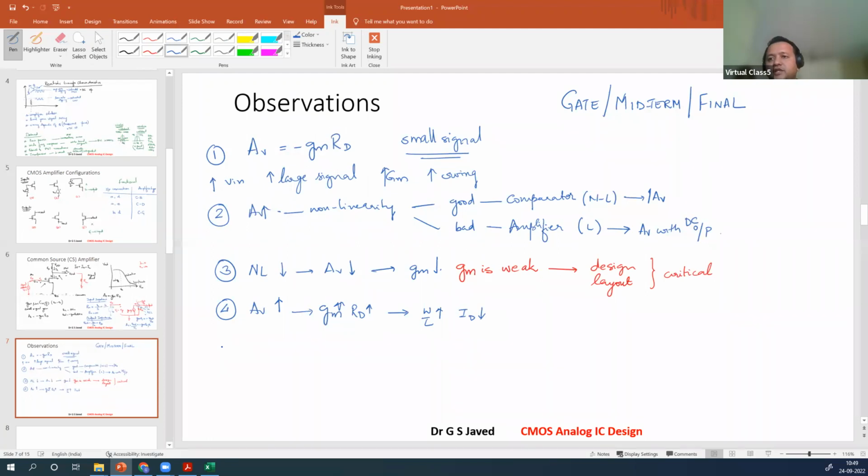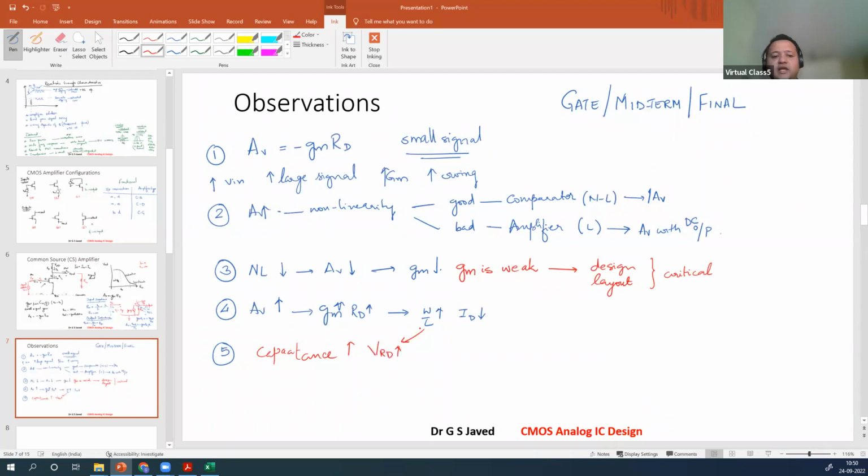Now there is a dependence problem here. If your W by L goes up, your capacitance will go up. Your inherent capacitance will go up. And when inherent capacitance goes up, you will need to have a higher VRD.